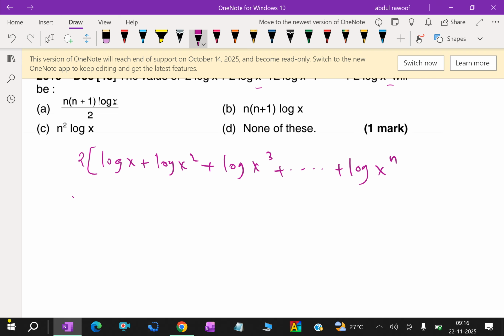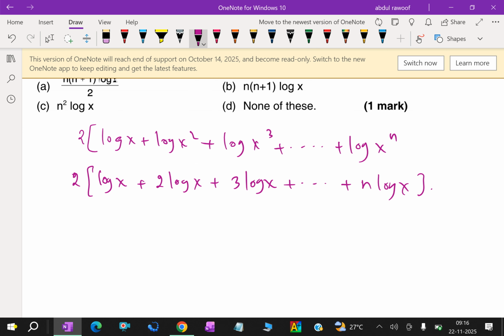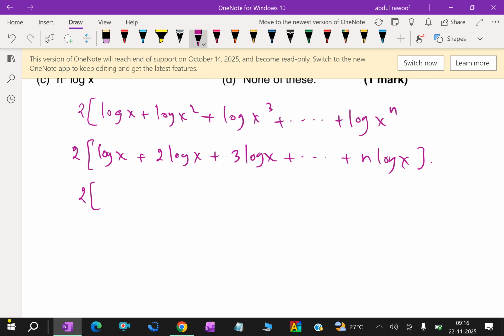Now here log x, 2 log x squared may be written as 2 log x, like 3 log x plus n log x. Now take log x as the common factor, that is 2 log x times 1, 2, 3 up to n.